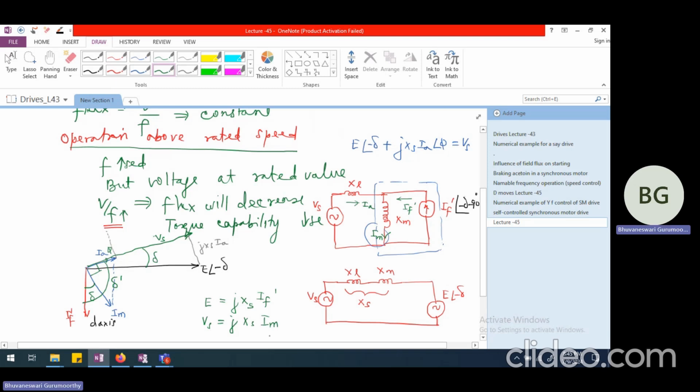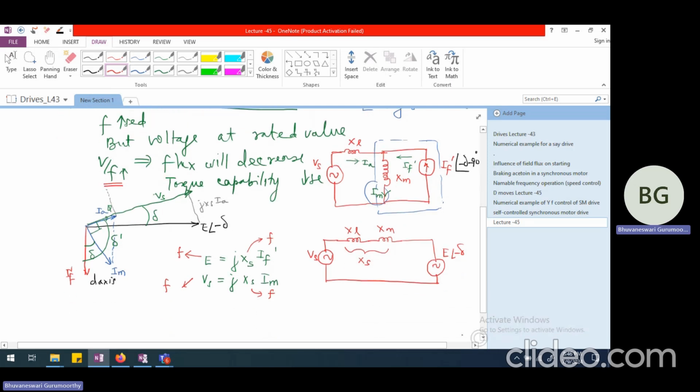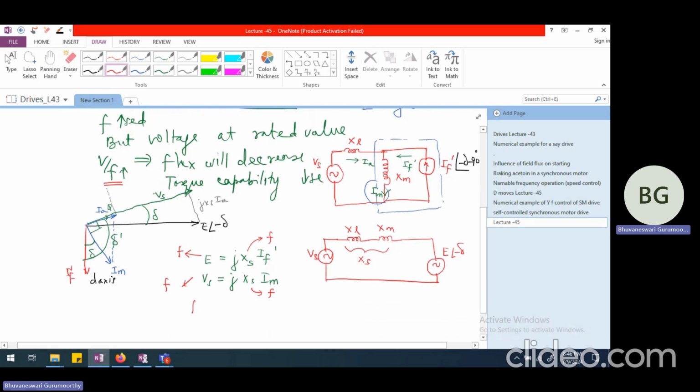Now, if we are doing variable frequency control, Vs will change in proportion to frequency. Similarly, Xs will also change in proportion to frequency. So also is the case with respect to E and Xs here. If I say that the frequency currently applied to the synchronous machine divided by F rated is equal to a, I can write these two equations like this.